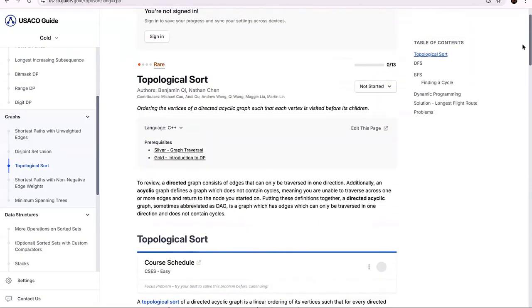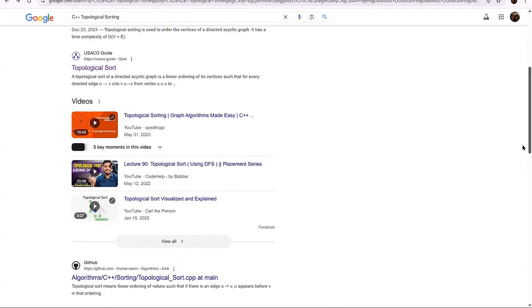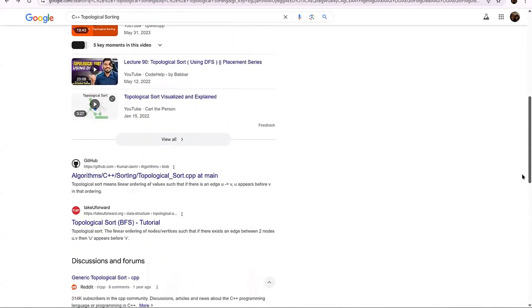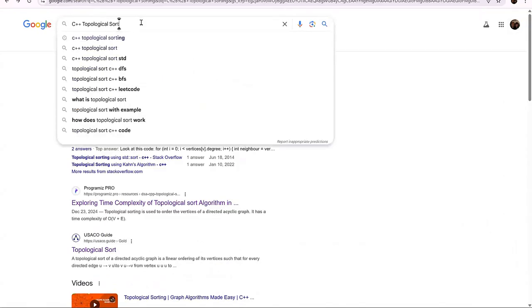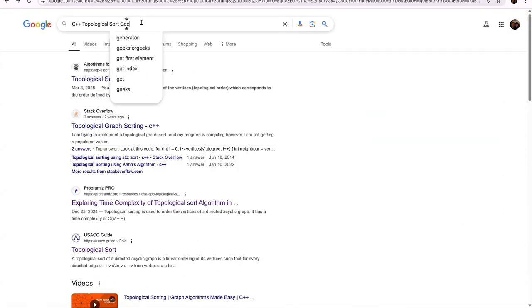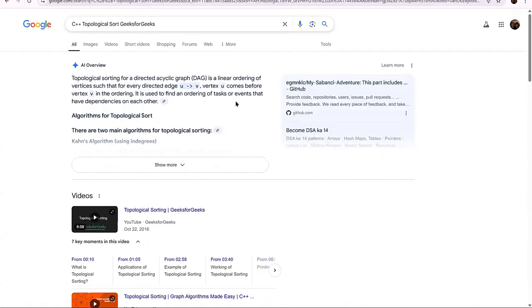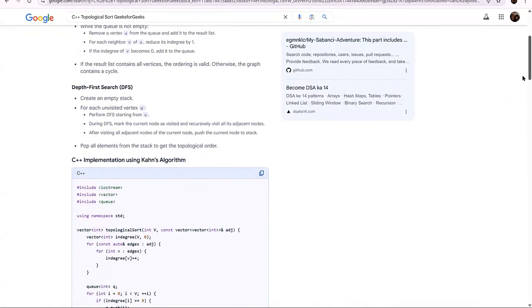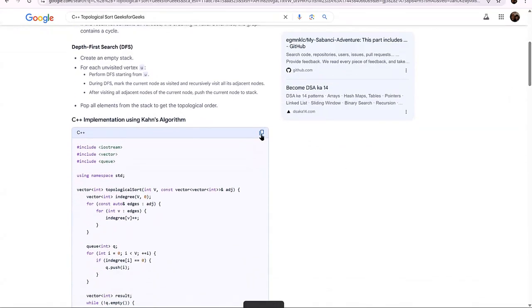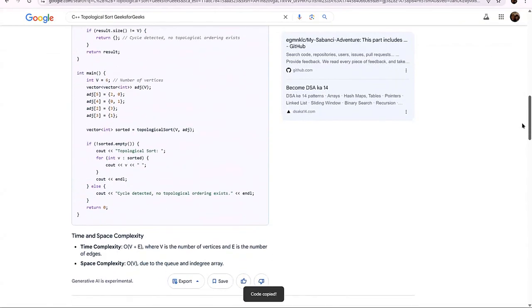There's a problem called right here, but this one, no, this is not good. Let's use GeeksforGeeks. So let's see, this one may be okay. The AI result may be okay. Let's copy this one.